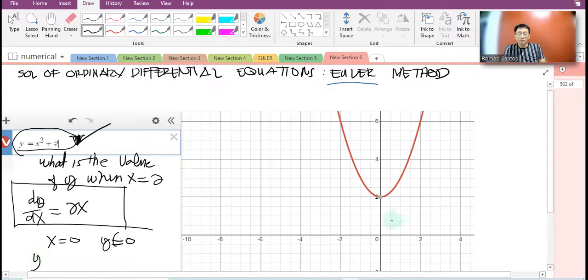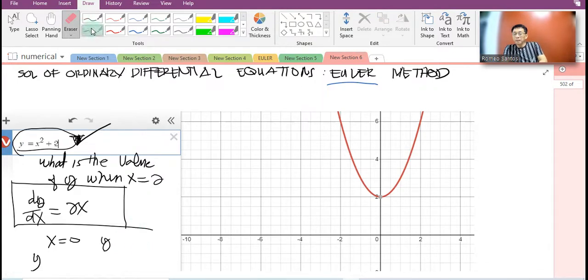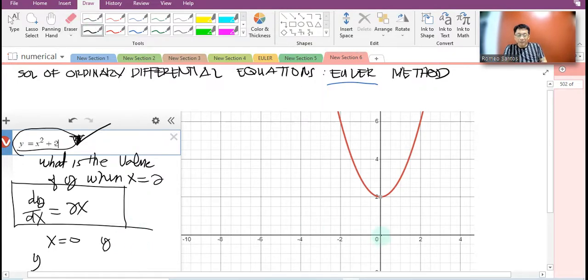Yung may mali yung natin. When x is 0 daw, y is 2, di ba? We substitute value here. When x is 0, y equals to 2. Tama naman. If we substitute 0 here, y equals to 2. Okay. So your initial condition, when x is 0, y is equal to 2.